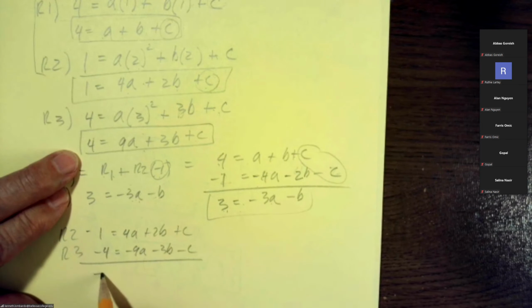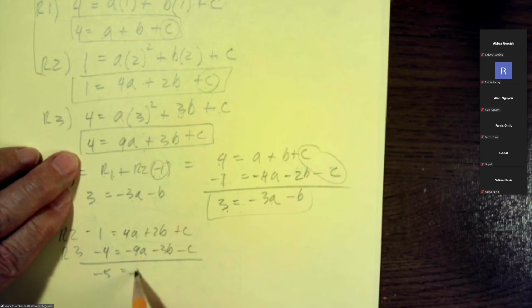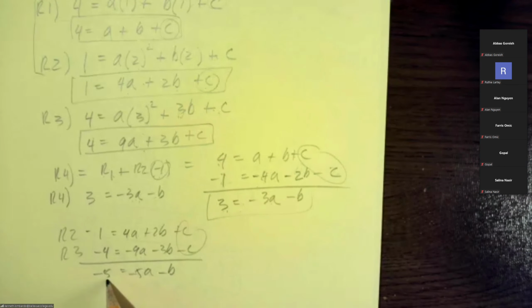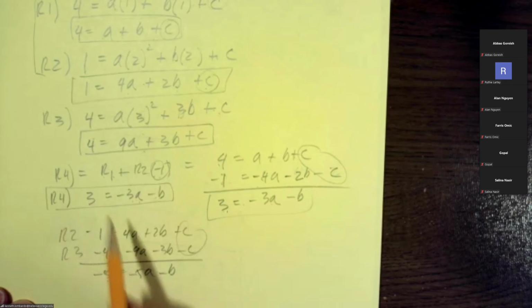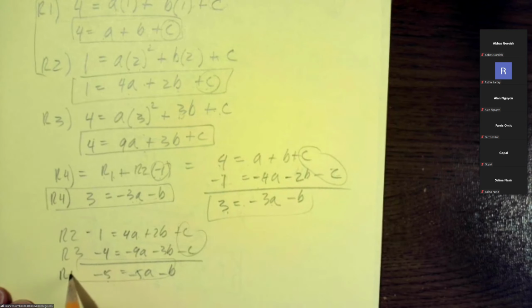And when we combine those, we get -5 equals -5A, -B, and the C's cancel, a positive and a negative. If we've done our arithmetic properly, we should end up with -5 equals this. So now we've got just these 2 equations, and I could call it row 5.